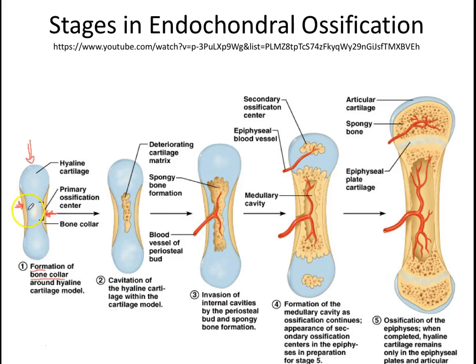Okay. Now, what ends up actually happening is that this cartilage is avascular, okay, meaning that it has no blood vessels. So once you form this bony collar around it, it starts starving off these cells in the middle. Okay. So what ends up happening is that the cartilage in the center, what will become the marrow cavity, starts to deteriorate.